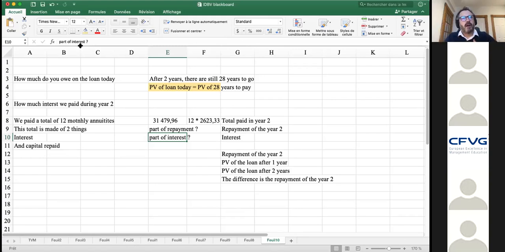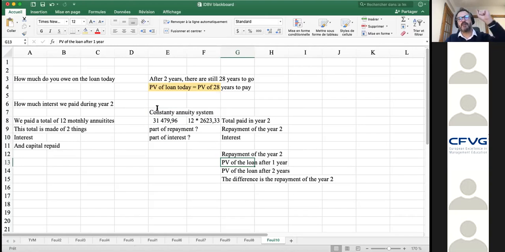Okay, so again, we are in a constant annuity system. Okay, so we pay a total of 12 times the monthly annuity. So we pay 31,479.96. But our problem is we would like to know what is a part of repayment of the loan, what is a part of interest. So what you can do is firstly to calculate the part of the repayment. How do you do that?